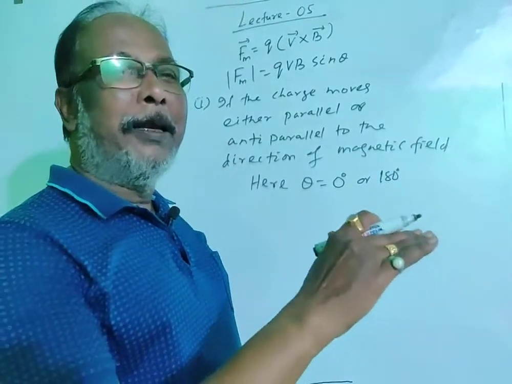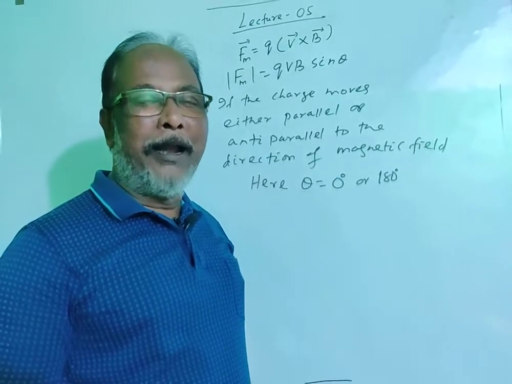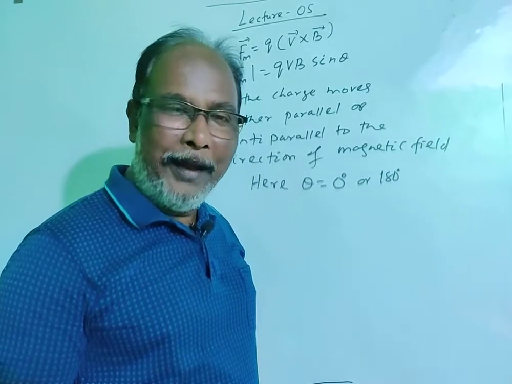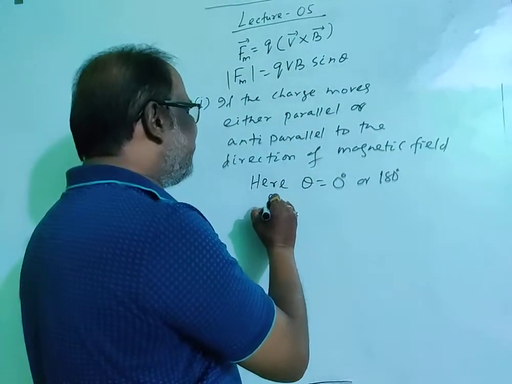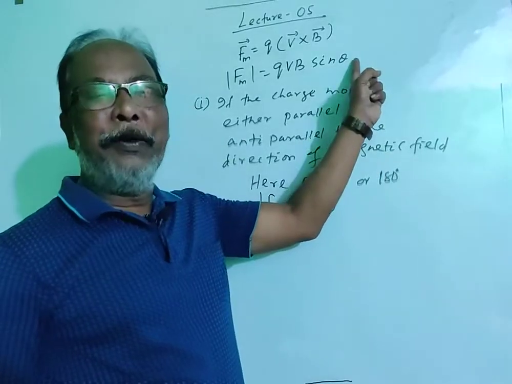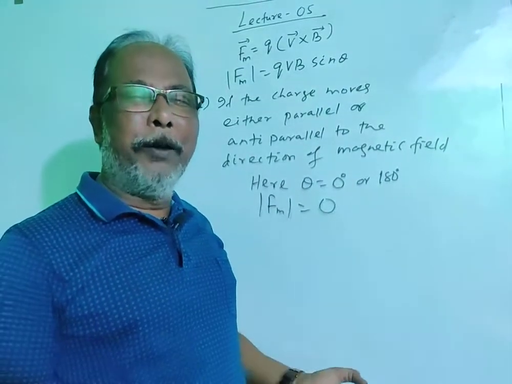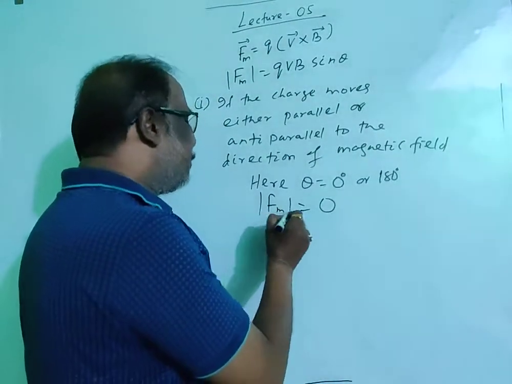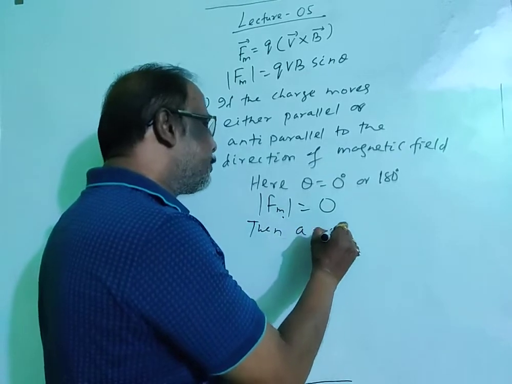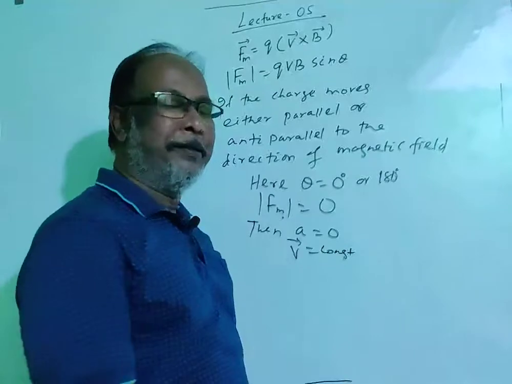If the charged particle moves parallel, then angle is 0 degree. If it moves anti-parallel to the direction of magnetic field, then angle is 180 degree. And in that case, magnetic force is 0. Sin 0 degree is 0, and sin 180 is also 0. So magnitude of force is 0. If force is 0, then acceleration is 0, means velocity is constant.